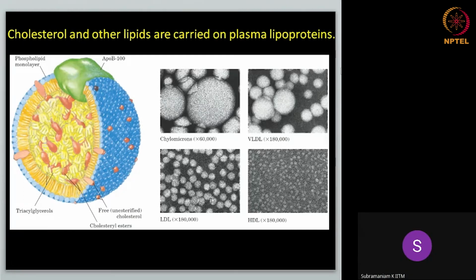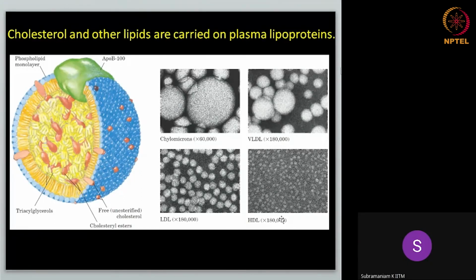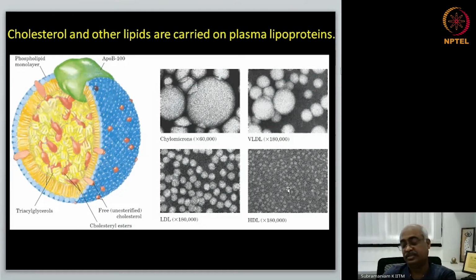So you have LDL. And another one which has really no triacylglycerols and primarily only cholesterol, but that too not a lot of cholesterol and more of protein, they are HDLs. Okay, so they are the smallest and they are the densest. So these are the four major types of lipoproteins.